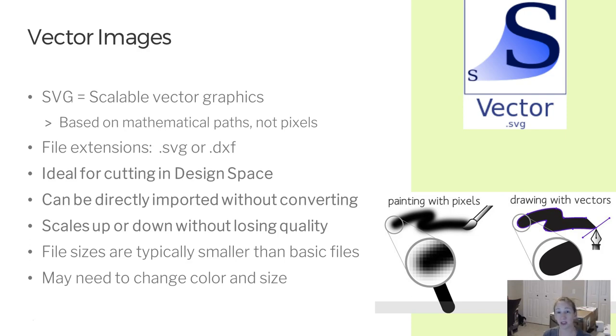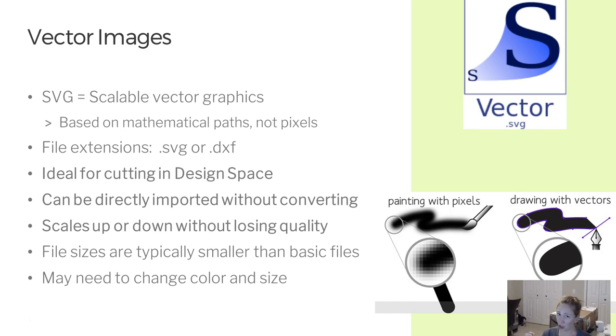The vector images, those are the ones that are your SVG files. So if you've heard of SVG or you've been uploading images or downloading images online, you're probably getting SVG files, which are your scalable vector graphics. The images themselves are based on mathematical paths, not pixels. So when you scale them, they are proportionately scaled.